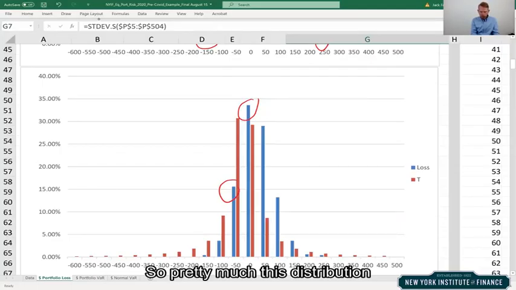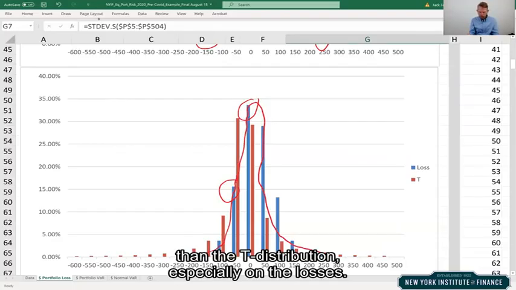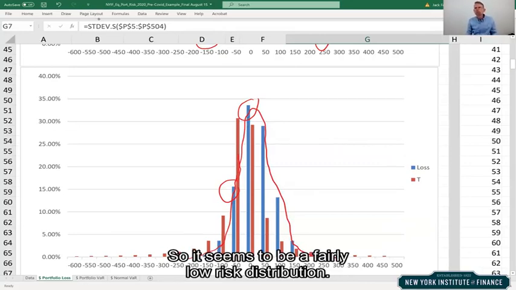So pretty much this distribution looks to be somewhat less risky than the t-distribution, especially on the losses. So it seems to be a fairly low risk distribution.